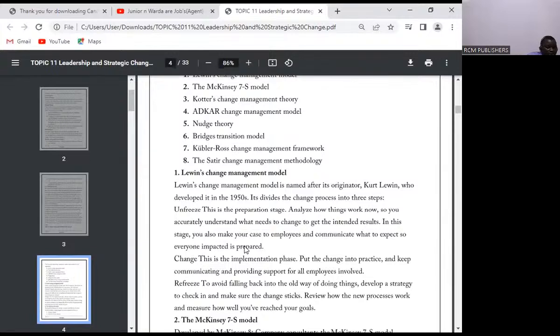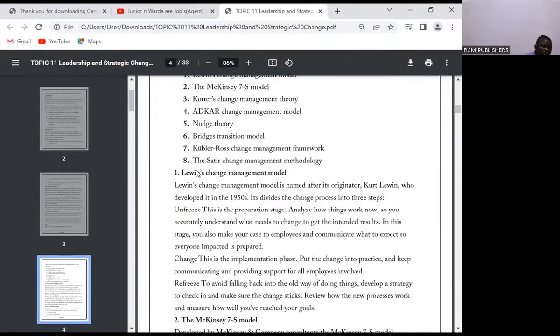So let's look at this model, very important, Lewin's change management model. Lewin's change management model has 3 processes of change management: what we call unfreeze, that's normally the first one, then the second one, change, then the next one, refreeze.